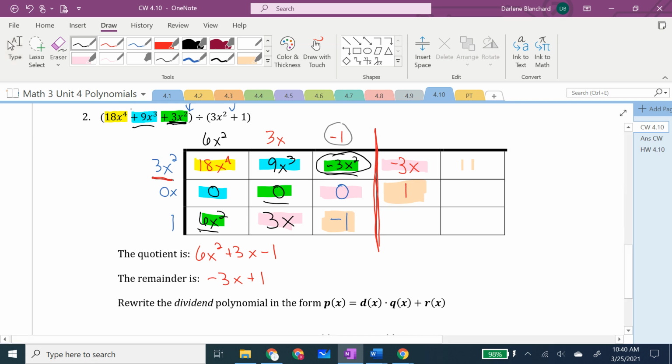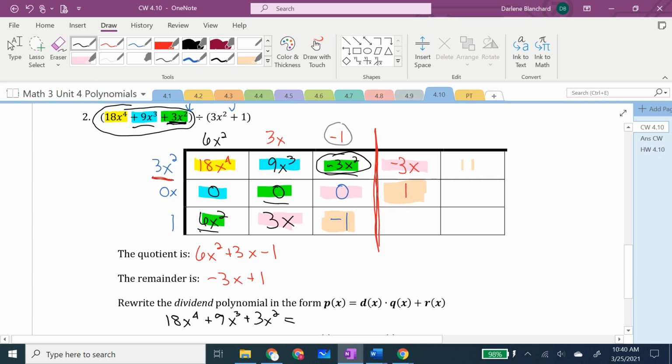I need to rewrite this polynomial. That polynomial is 18x to the fourth plus 9x cubed plus 3x squared. And that's called the dividend of my division.